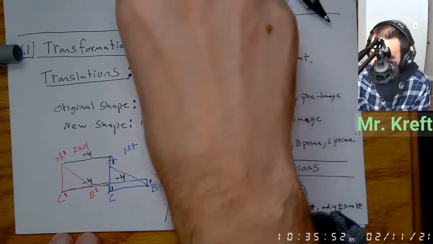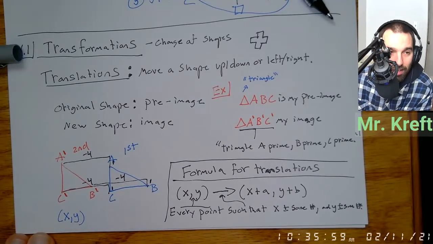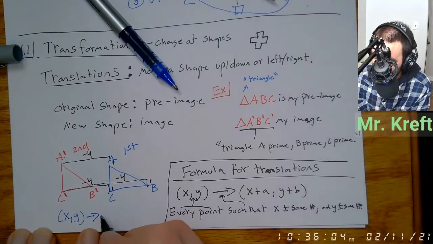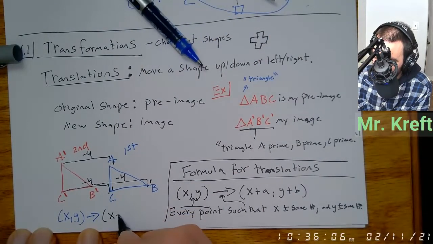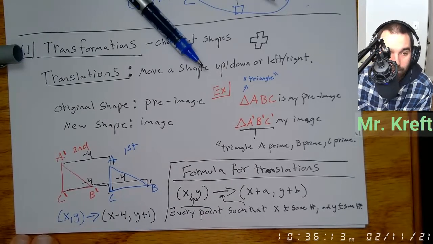Okay, so if we were to do this, what's our equation? Our equation here is we took all the points (x, y) such that I did x minus 4 and y plus 1.